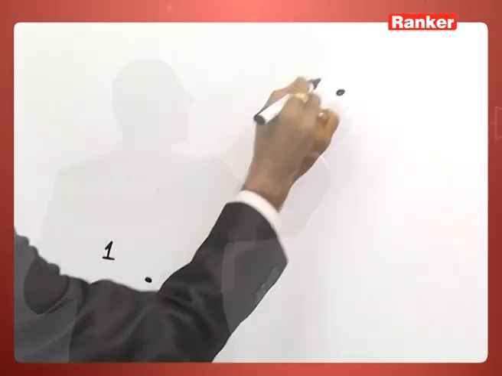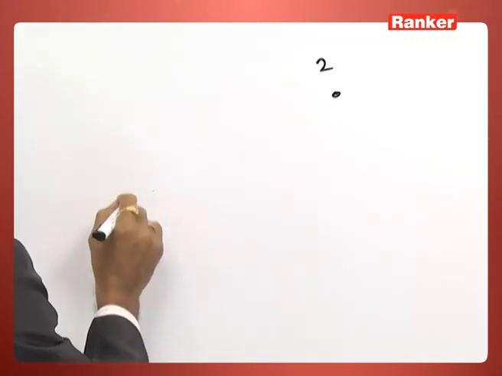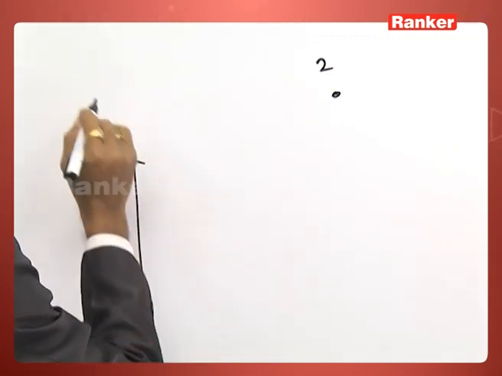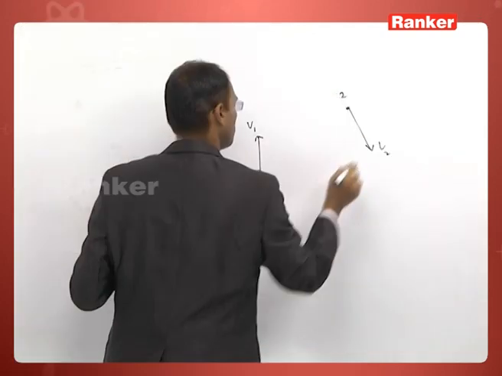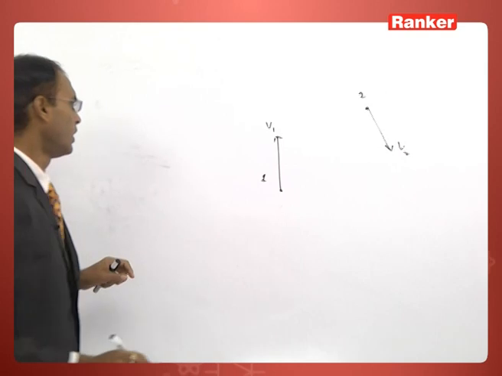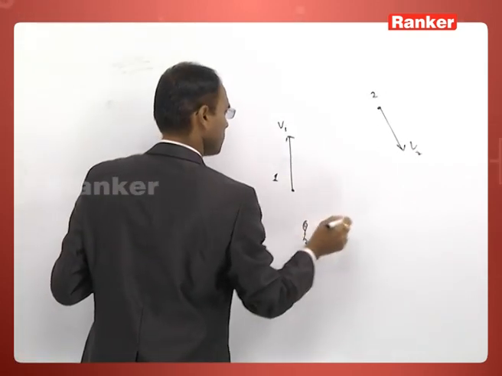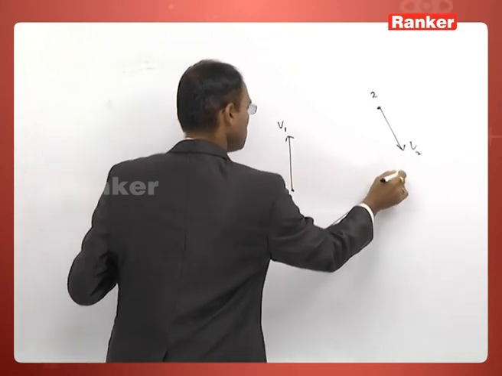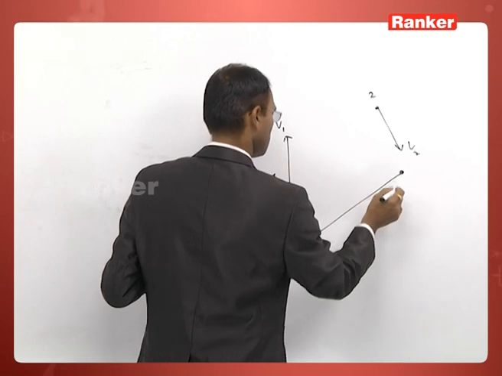Take these two particles, same example. This particle velocity is v1, this particle velocity is v2. You stand on the particle 1. Particle 2 seems to move in whose direction with what velocity? Let us calculate.